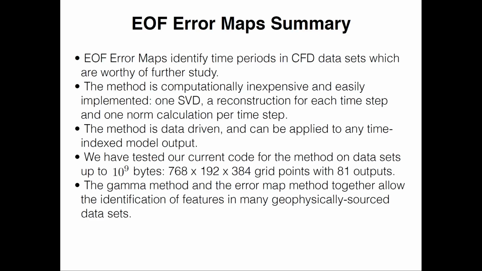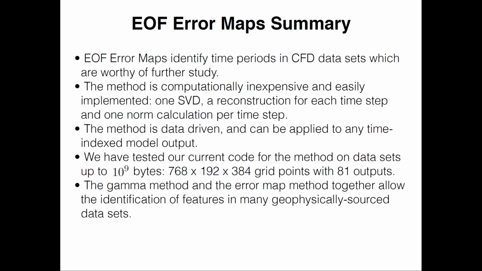The method is data-driven and can be applied to any time index model output, right? You need a time index. Can't find time periods of interest if there's no time. But that said, model output that is time indexed, it's good. We have tested our current code for the method on data sets up to 10 to the 9 bytes with 81 outputs, and it worked great.